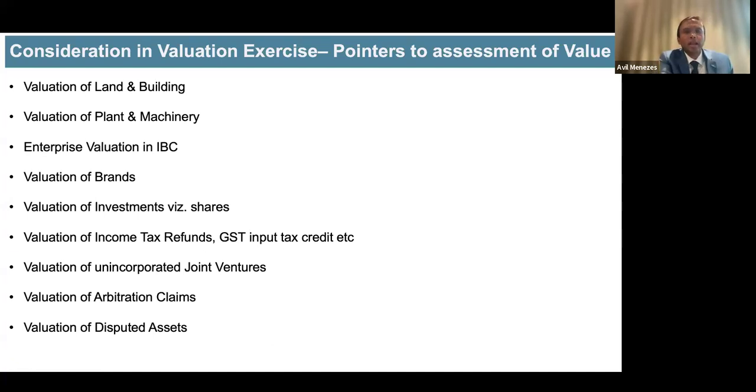So enterprise valuation in IBC generally we don't do, because it says valuation of assets. So obviously when you talk about valuation of assets, you don't say that this machine I'm going to sell independently, and then do a sum total of the plant. You say this is an operational plant and this is what would be the value of any similar plant, similar age.